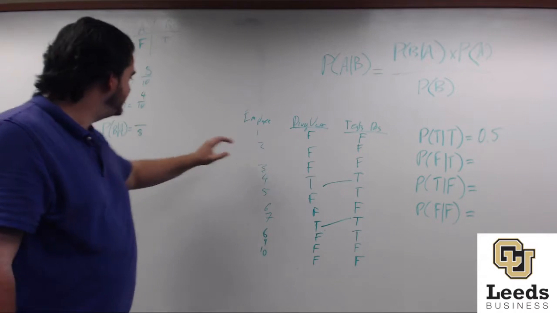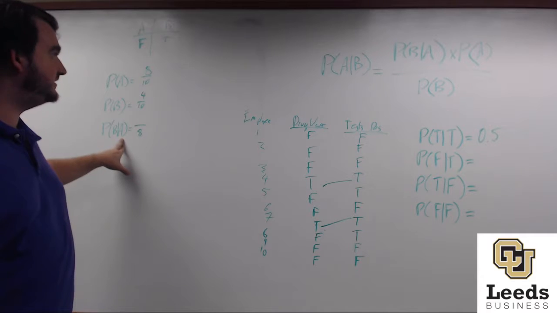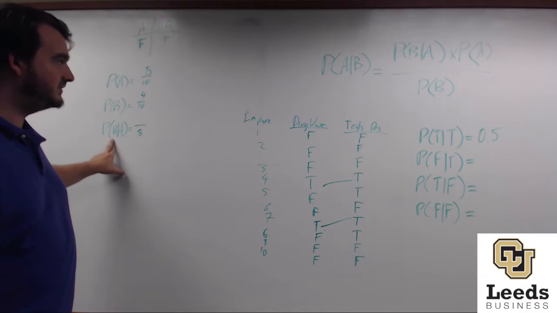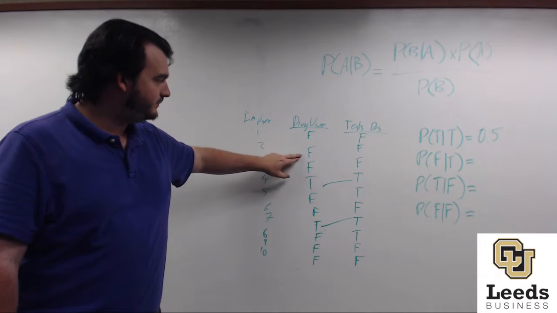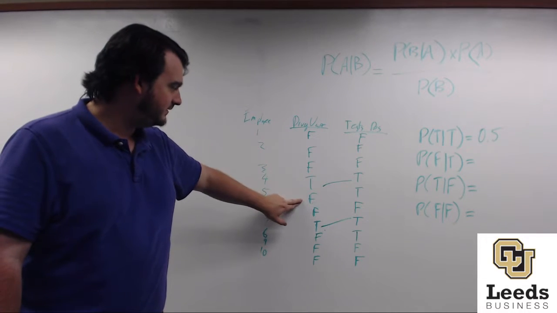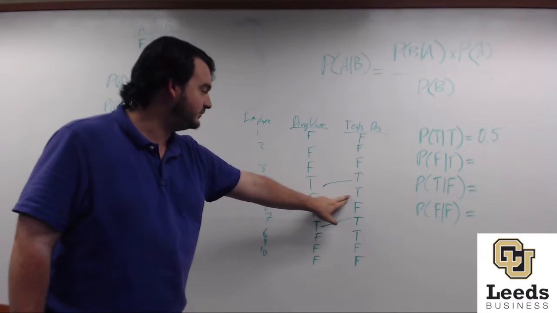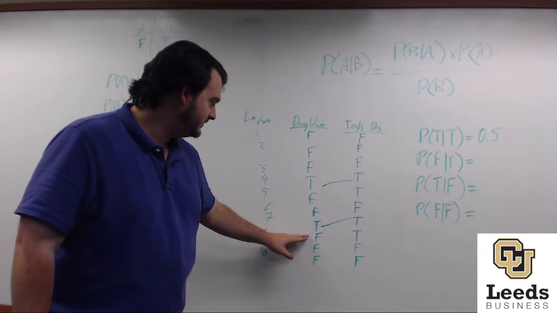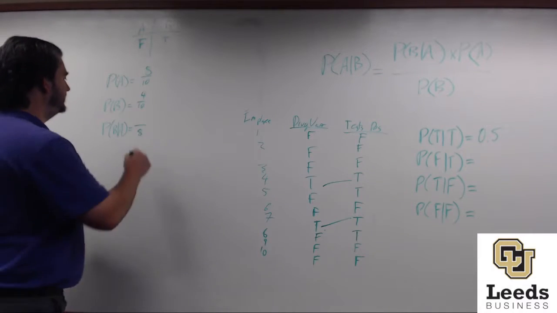So of cases where they actually did not take drugs, how often did the test say yes? Nope, nope, nope. Oh, there's a case where they didn't take drugs, but the test said they would. There's another one. So we've got 2.